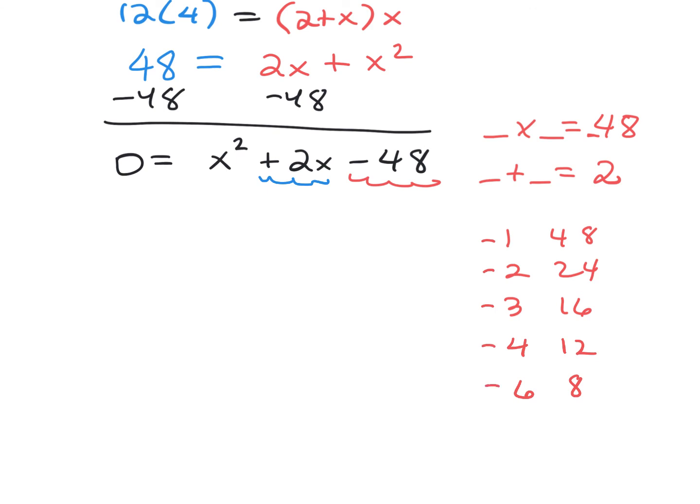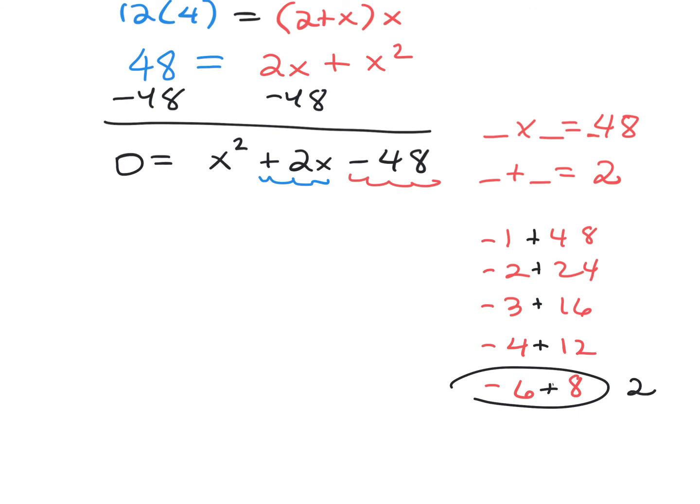So now I need to figure out which one of these combinations, because these are all ways that I would multiply to get negative 48. Now I have to go back and change these signs, and figure out which of them, when I add them together, give me positive 2. And you can see the very last one is the one: negative 6 plus 8 gives me positive 2.